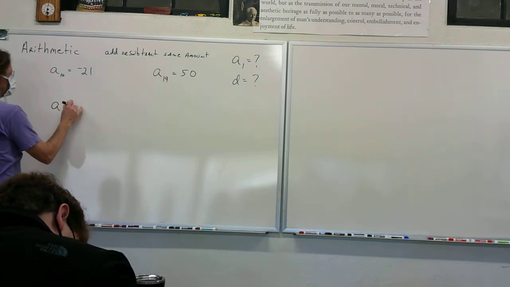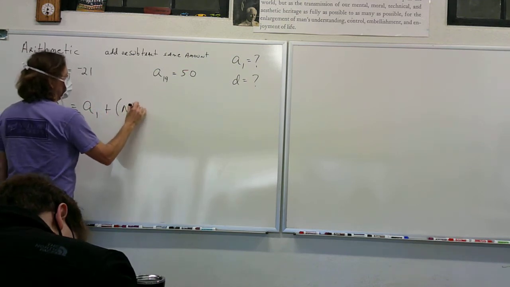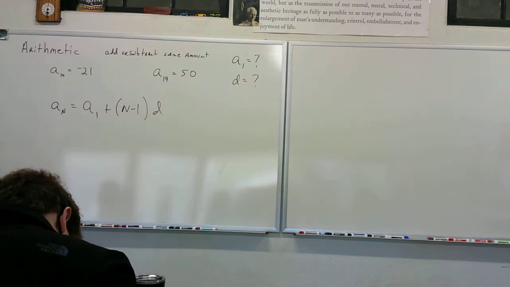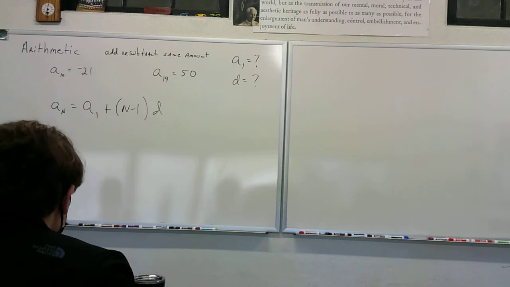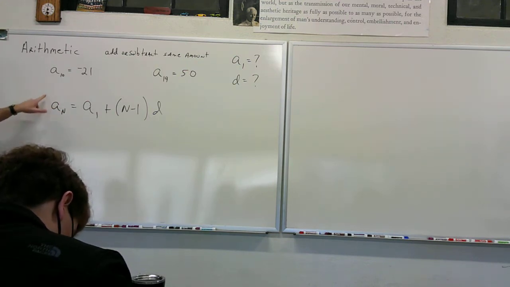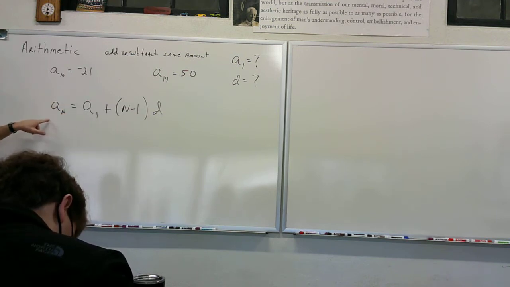So what you do is you have a sub n is equal to a sub 1 plus n minus 1 times d. You got that formula. So a sub 10 would be what? Negative 21. Does everybody agree a of 10 would equal negative 21?